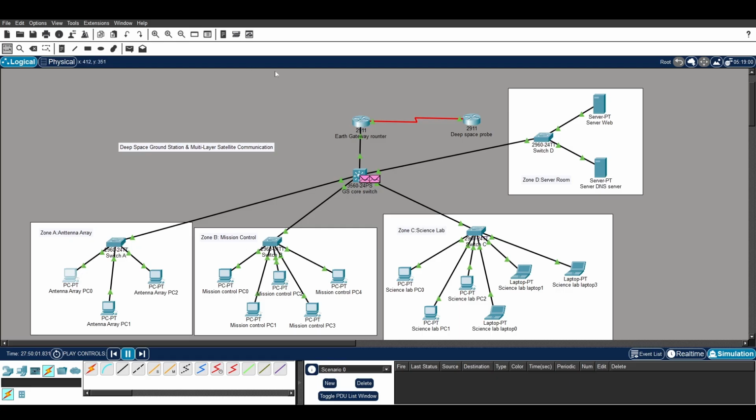If I search for the IP configuration, all the PCs can get the DHCP values. This is all we can see, the DHCP values.